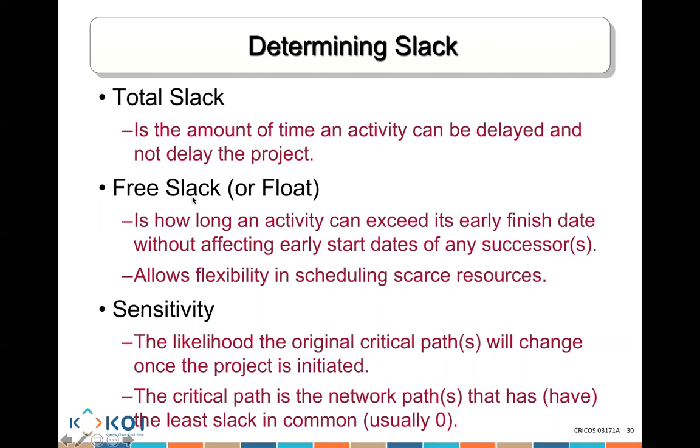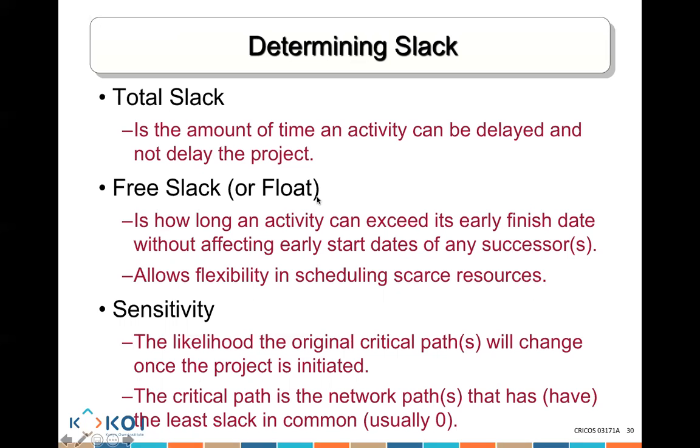And when I'm talking about free slack, it's when you have two activities behind each other, and if I delay activity one without delaying the activity after it, that's what we call free slack. So if I delay activity B by 1 day, and activity C behind it won't be delayed, that's what we call free slack, which is two activities behind each other. A delay in one activity will not delay when the next activity is going to start.